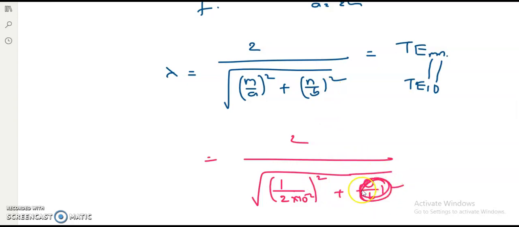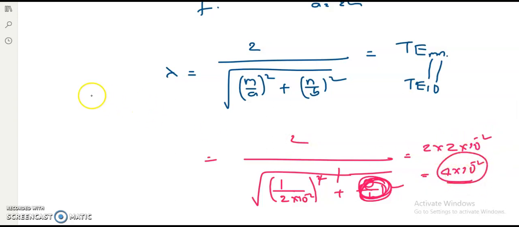So this entire term becomes 0, and the square and the square root cancel. So finally it becomes 2 into 2 into 10 power minus 2, that is 4 into 10 power minus 2. So here the wavelength lambda I got is 4 into 10 power minus 2.